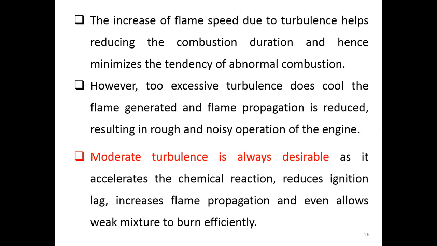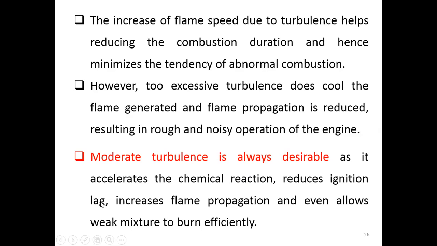So moderate turbulence is always desirable for us. Moderate turbulence is always the thing that we would like to have, because it will help accelerate the chemical reactions. It can help reduce the time required for the ignition lag stage.